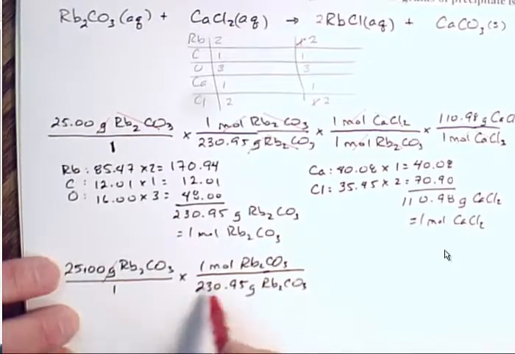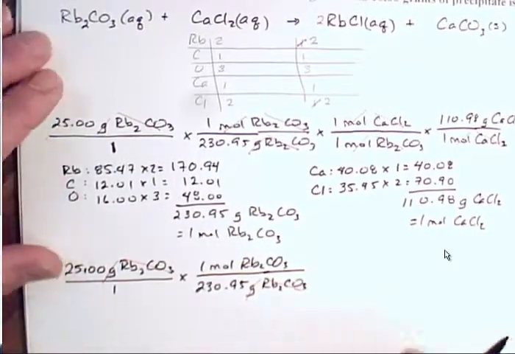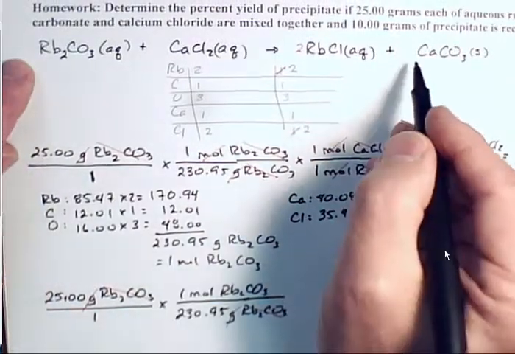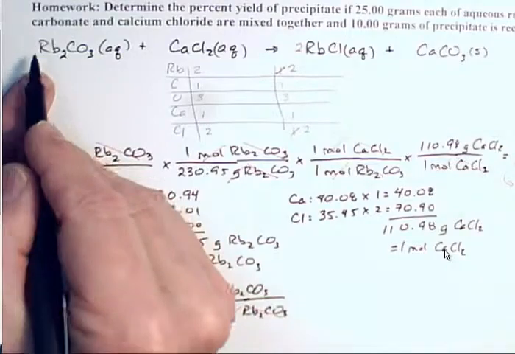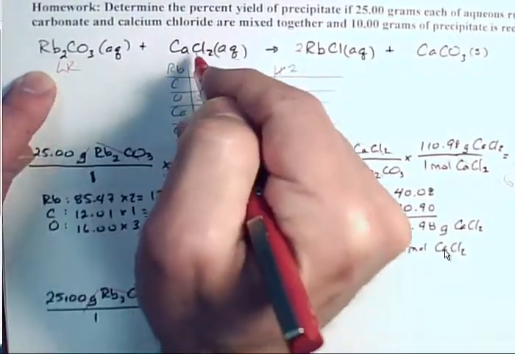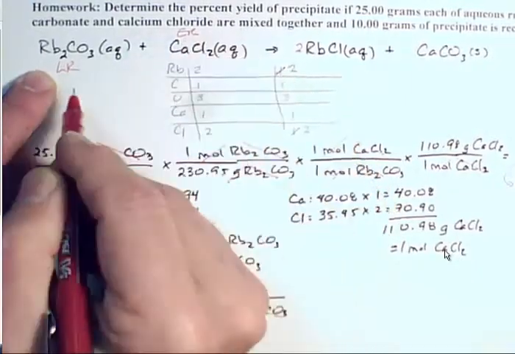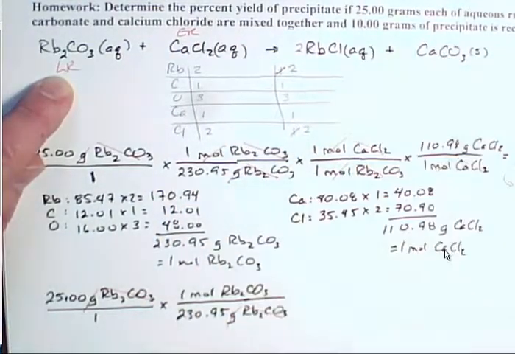And then we can cancel the grams, and we can cancel the rubidium carbonate, and we go back to our equation and look for the coefficients in front of the two species we're interested in now. We're now interested in this because it's our limiting reactant. We've identified this as our limiting reactant, and this is our excess reactant here. We're going to start with this and end up with this because this is the product we're looking for.